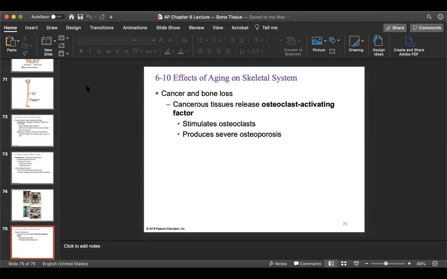The next 2 chapters are the axial and appendicular skeletons. For the axial skeleton, I'll probably break this up into 2 recorded lectures.